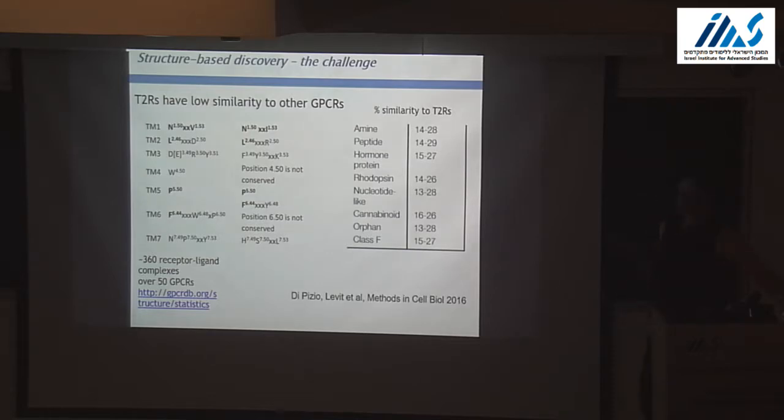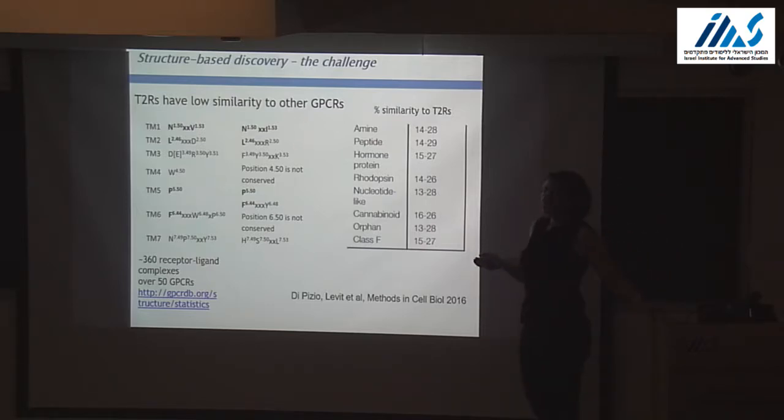The other approach, I will only briefly mention this. So the other approach is structure-based discovery, but I just want to say that it's very difficult because what we are dealing with here are receptors that have very low similarity to other GPCRs. So basically like 30% in the TM regions, similarity, not identity, at best.